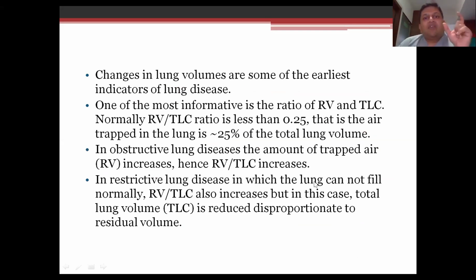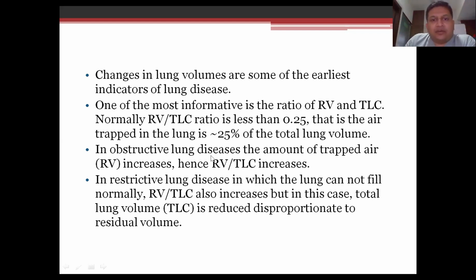Changes in lung volume are some of the earliest indicators of lung disease. We do not perform spirometry routinely, but if we do, we can find out whether volumes like FRC, residual volume and total lung capacity are less or more than their normal values, and then we can pick up restrictive and obstructive disease earlier.